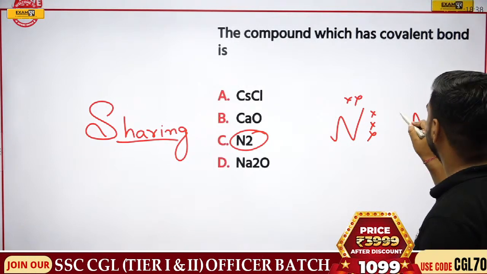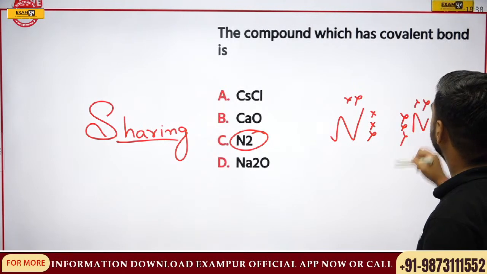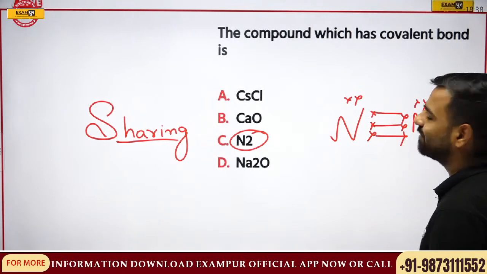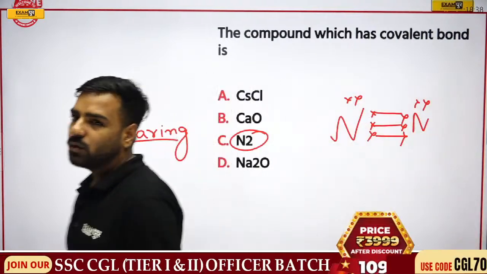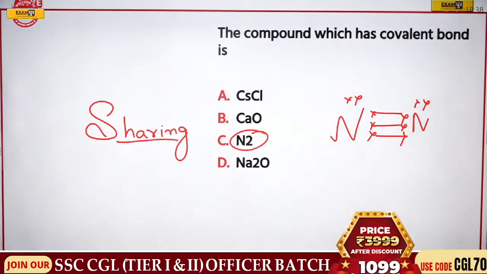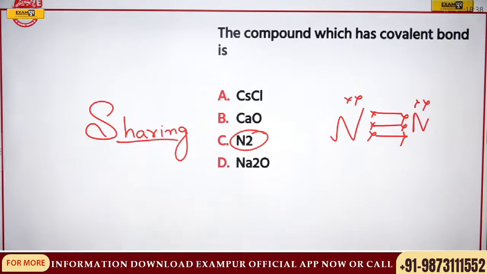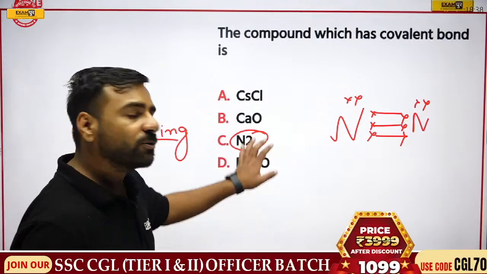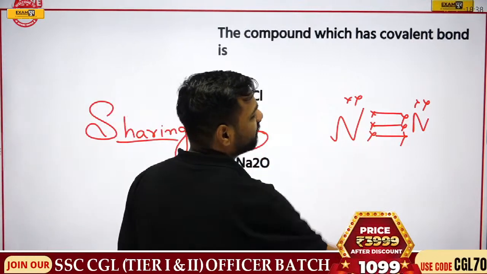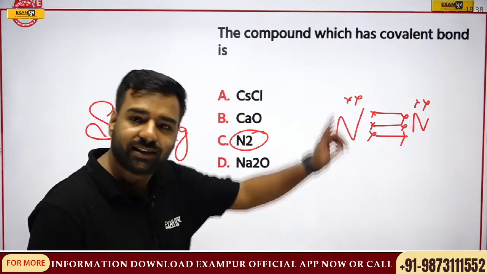Then we have again 1, 2, 3, right? We were discussing it. I know that there is sharing of electrons here. Is there any doubt in that, Vikramaditya? Please remember, we have already discussed there was a triple covalent bond. Yeah, totally correct.